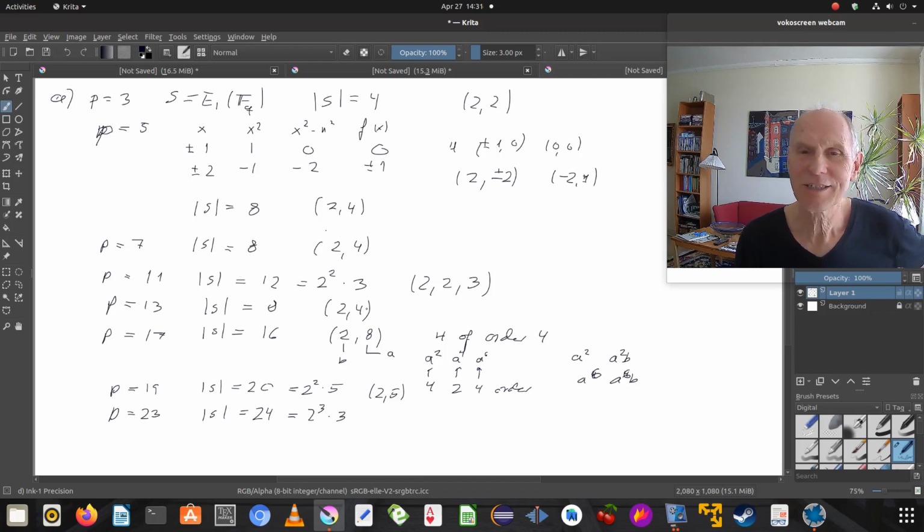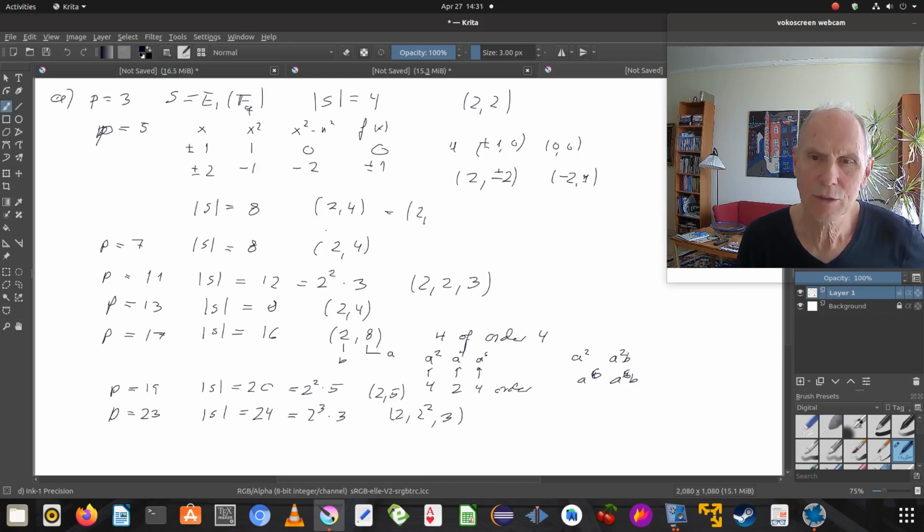My mind is still wandering up to p equals 17. I believe here it has to be 2.4.3. Oops, I've been writing the type in the wrong way.